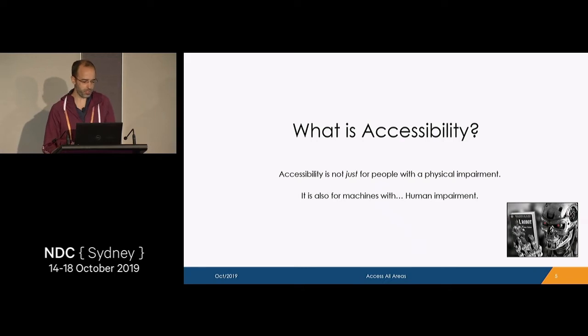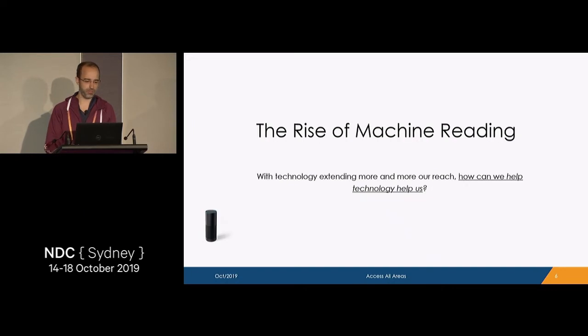It's for machines with human impairment. It's something that machines really lack: that human touch. But the problem is that with technology more and more in our reach and assisting us in getting access to documents, how can we help technology help us?